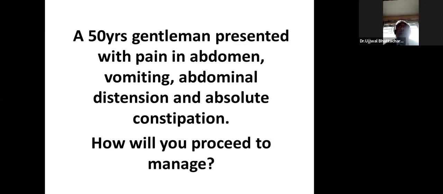Now coming on to mechanical obstruction. That means some sort of organic, not functional, obstruction within the intestines. What are the pathophysiological changes that occur in acute bowel obstruction?